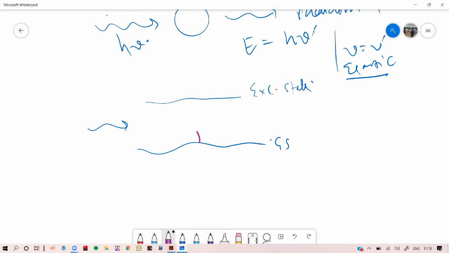When the electron is excited by this h nu, it will go here and a vacancy is created. Since it is an excited state, its time duration is, I think, 10 to the power minus 13 seconds or something, as we know.